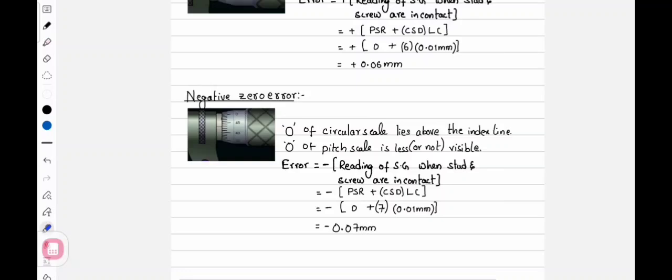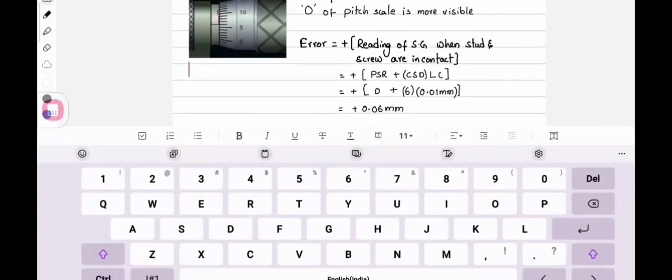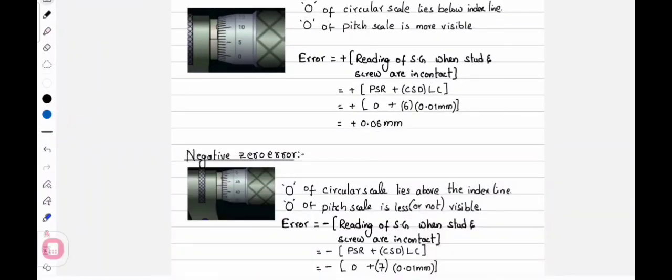What about positive error? Exactly opposite to this. You can see the 0 of head scale is lying below the reference line. And the 0 of main scale or pitch scale is somewhat visible compared to earlier.